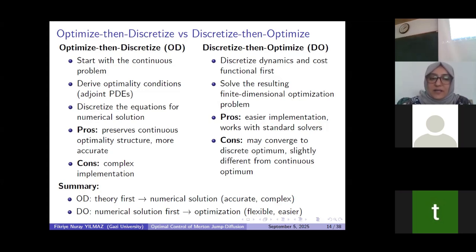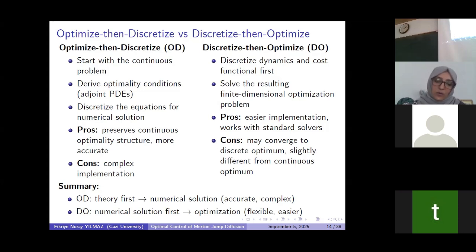In the first case, we obtain optimality conditions, and after getting the whole optimality system, we apply a discretization method, let me say an Euler method or a Runge-Kutta scheme, to get the discrete optimality system. Or we may use discretize and optimize. At first, we find the discrete form of the state equation and the cost function.